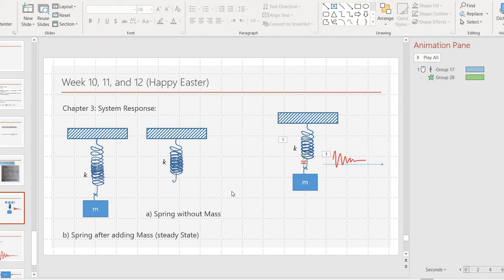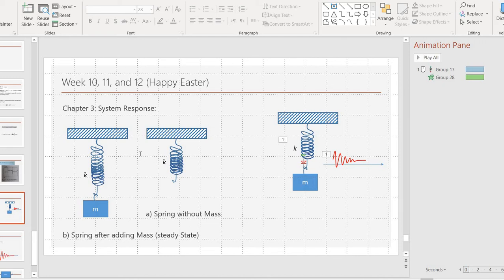Before I play that, you see that the spring is compressed. The point is very high, and then when the weight is added, it is stretched and it comes lower. So we have these displacements. But before that, we will have some bouncing.